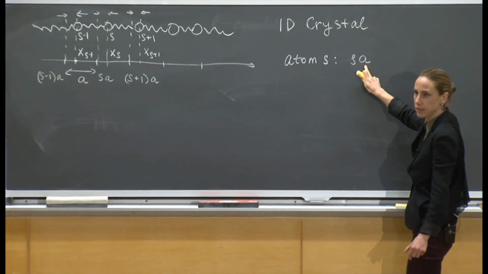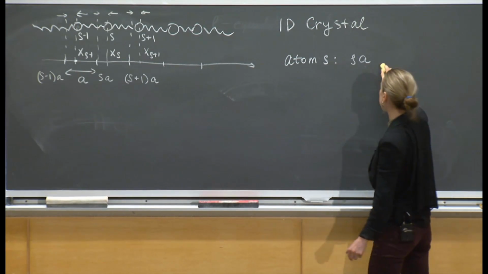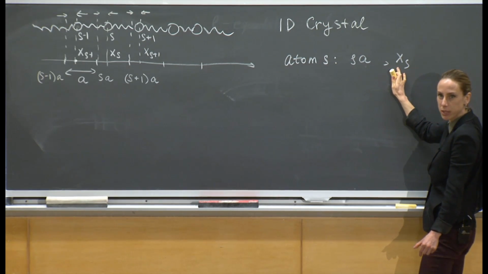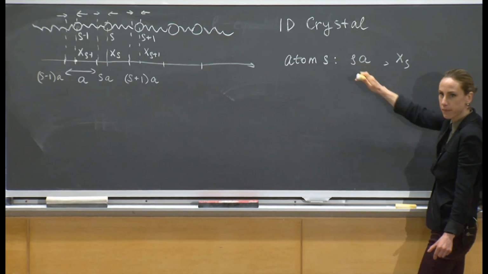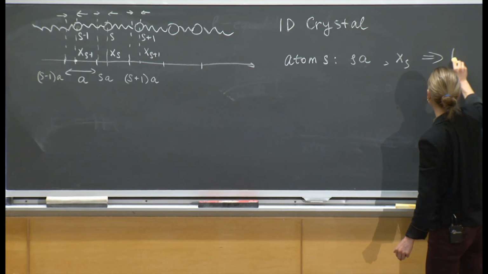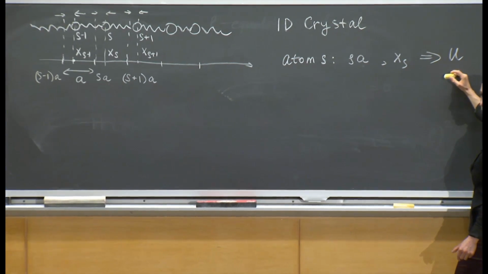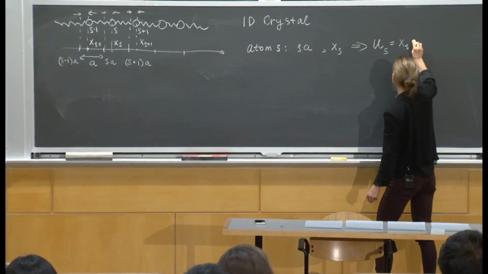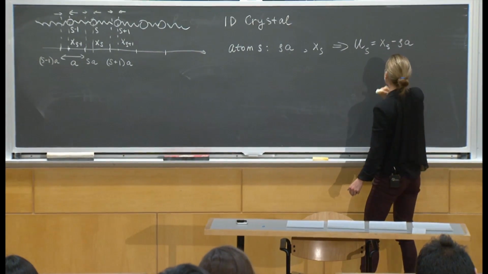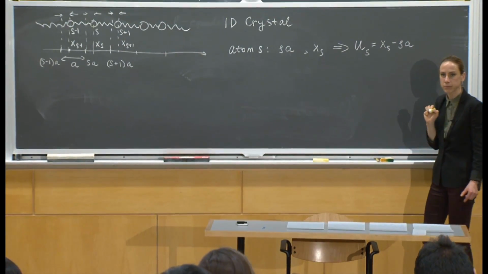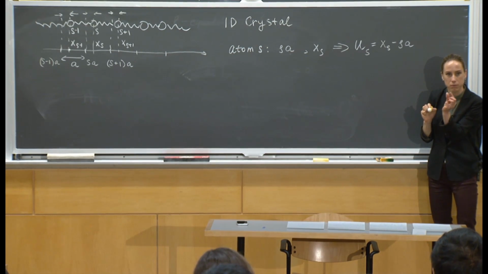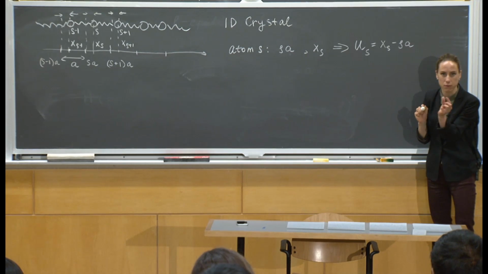So A is our lattice constant. But its real position is some XS, which is displaced from that position. I'm going to define displacement of our atom as US equal to XS minus SA. So this will be how far our atom has gone from its equilibrium position where it doesn't want to go anywhere.